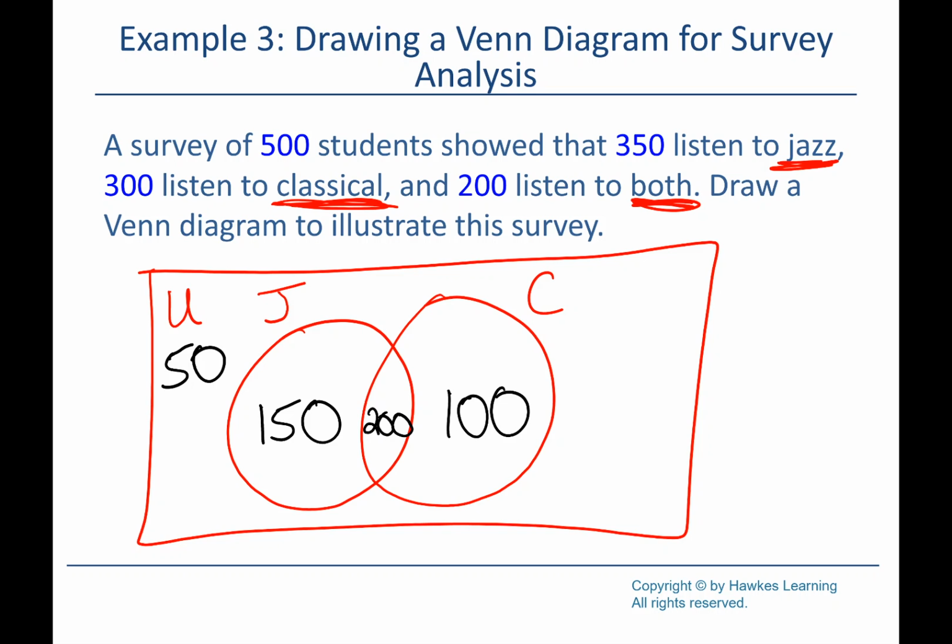One way you can do it is the way I did it: I added all these up and then subtracted from the total. But you can also take the total. So you could say 500 minus 150 minus 200 minus 100, and you'll get 50 that way too. So whichever way is easier for you to think about. Good question.